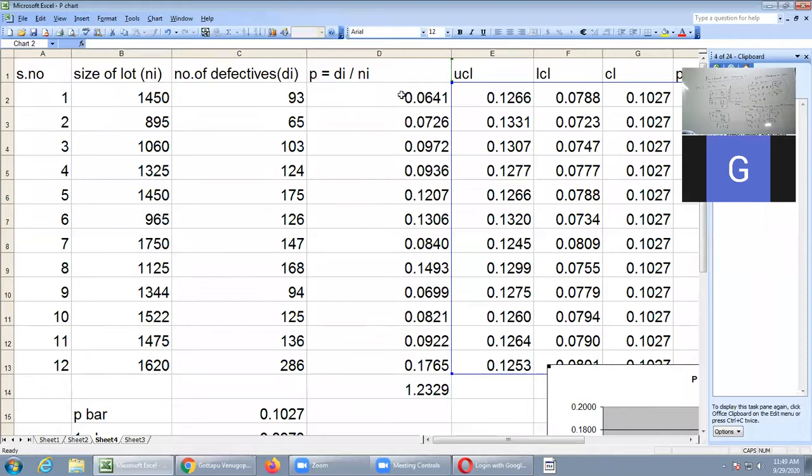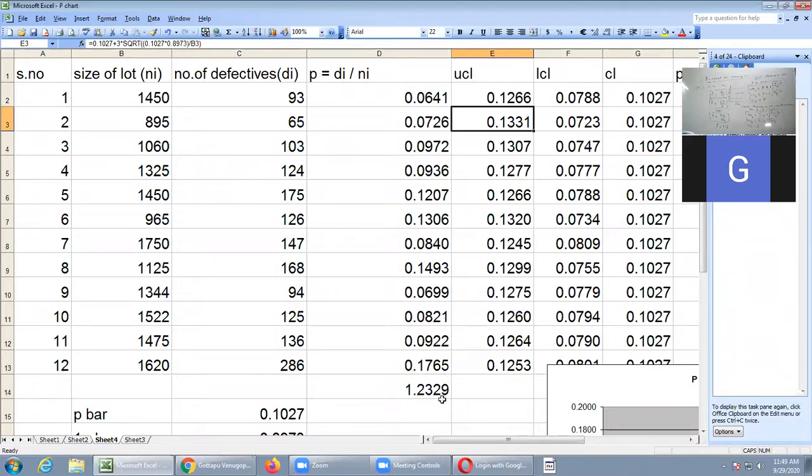How will you construct? In UCL you have to identify the highest value. One UCL value is not there, so many UCL values are there. In this you have to identify the highest value. What is the highest value here? I think 1331 is the highest UCL value. Then see the P values. What is the highest value in P values?